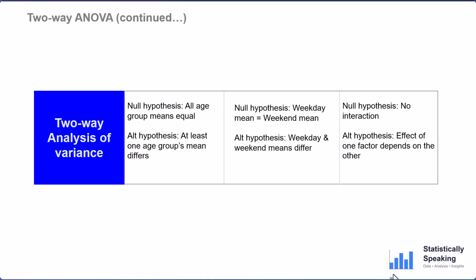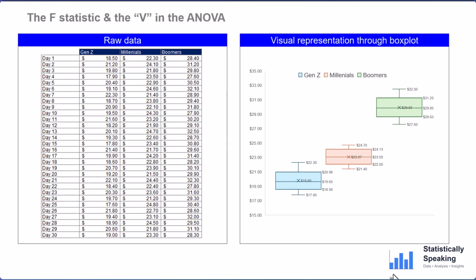Now, moving on, there is something called the F-statistic and the V in the ANOVA. So I mentioned that ANOVA is a test of means, but it involves comparing variation. So the F-statistic, as we call it, is the ratio of the variance between groups and the variance within groups.